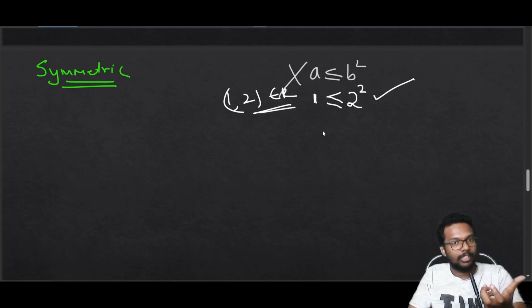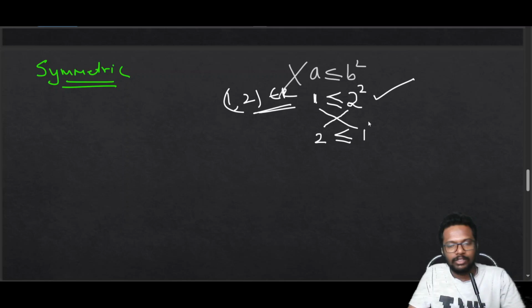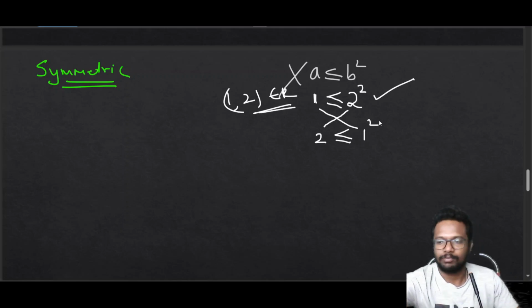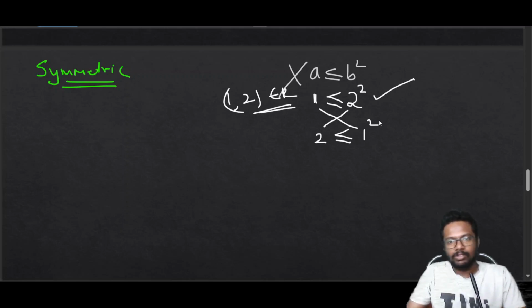We have to consider an ordered pair first, and it should belong to R. When we reverse the ordered pair, it should not belong to R. Then only the symmetric definition will fail, and if the symmetric definition fails, R is not symmetric. So now interchange: 2 less than or equal to 1 square.